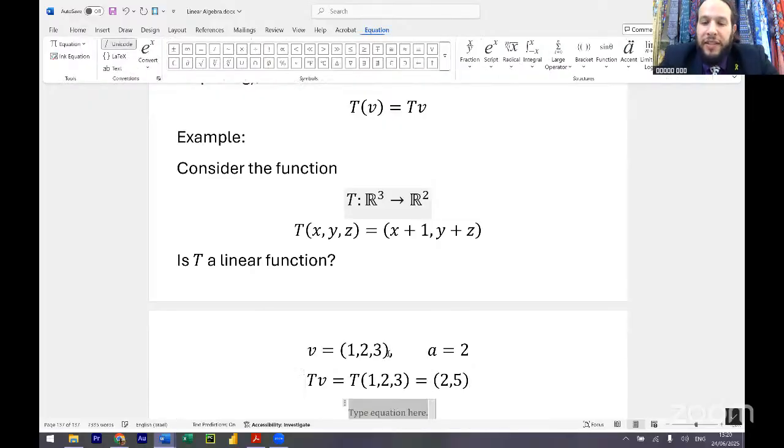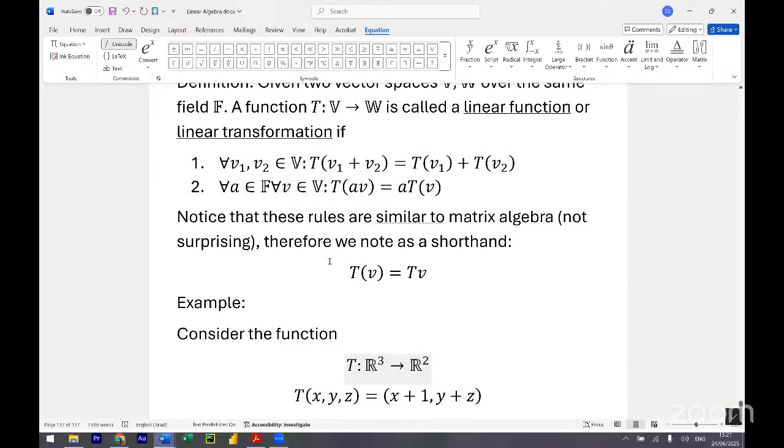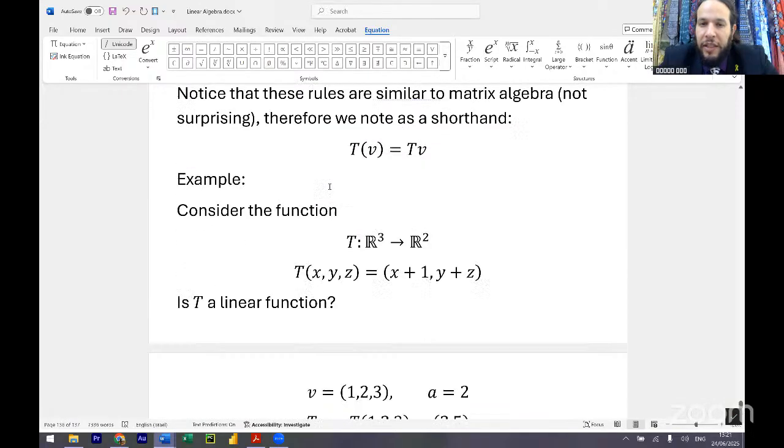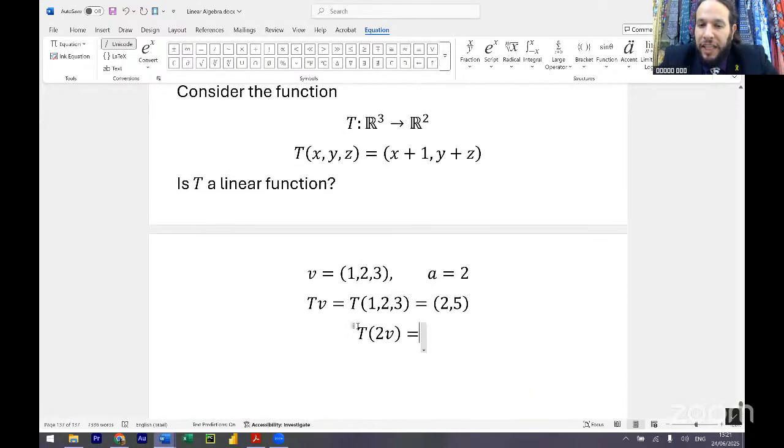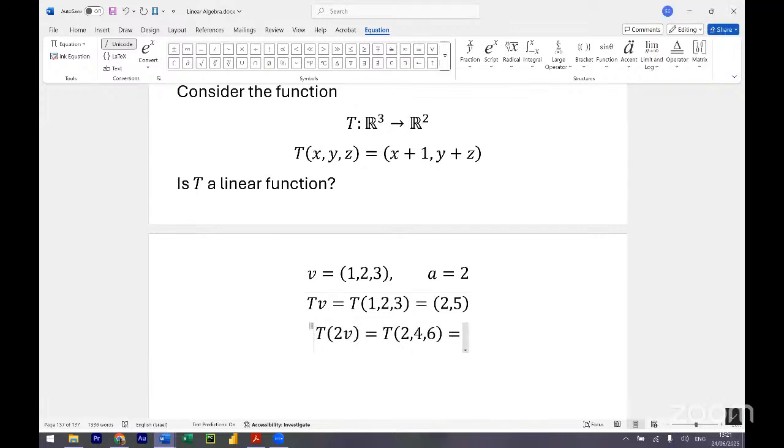Now, what is T of 2v? That's what we have in the rule here, right? So if I do the multiplication within the parenthesis, 2v is 2, 4, 6, right? And what does that equal to? 3, 10.